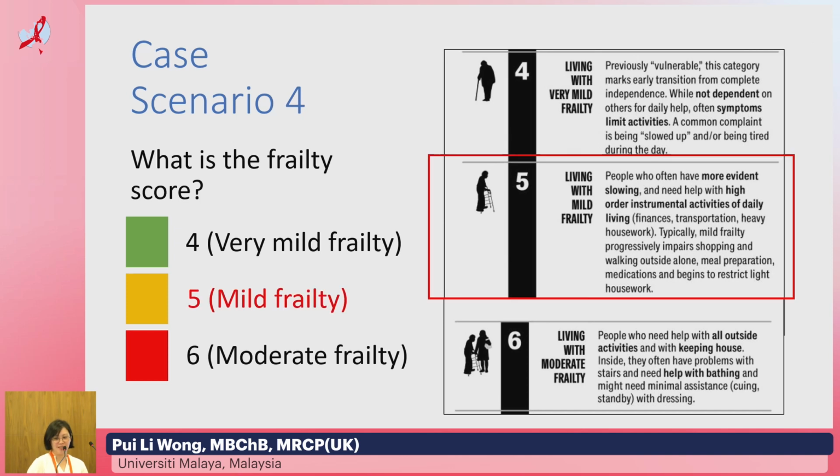Okay, so the answer, as most of you have highlighted, is mild frailty. All right, so for someone to be in mild frailty, they need to start having some help. All right, and he mentioned that he needs some help with transportation, and he doesn't really go out unless he has that help.